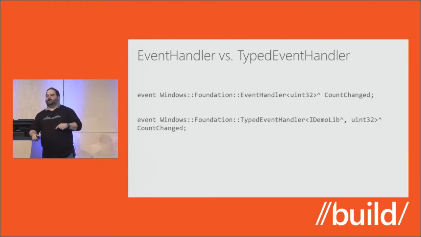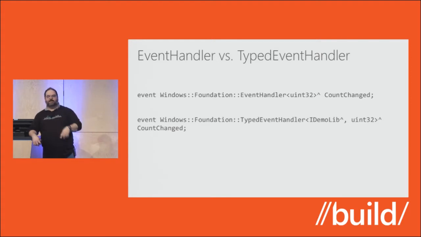In particular, the case that you're most likely to run into that same crash that I showed you is typed event handlers versus event handlers. And so you might ask, well, why is that? Well, event handler for uint32, I'll bet that one exists in the system someplace already, so there's probably already a proxy stub for it.